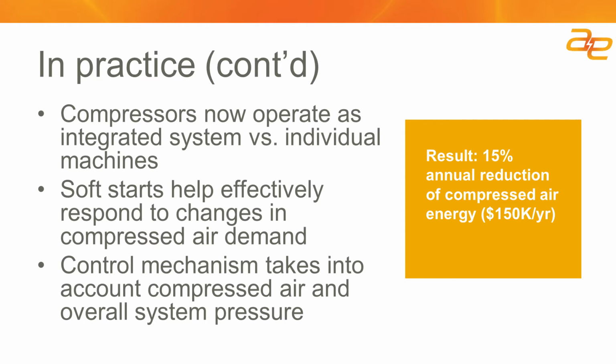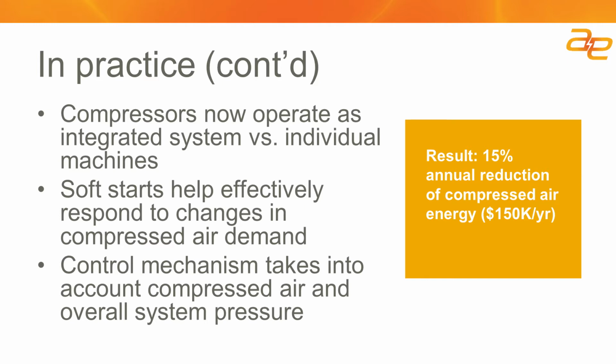Additionally, the control panels needed to be upgraded, and then ultimately a control sequence needed to be implemented. We were able to reduce the compressed air energy expense by 15%, which represented $150,000 a year, which was a significant expense that could now be utilized for other initiatives within the plant.